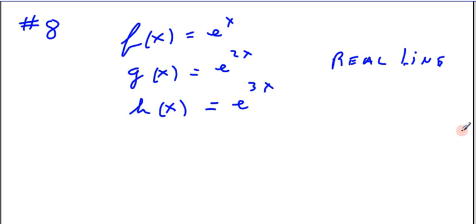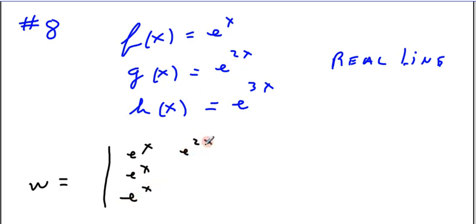Alright, so the Wronskian's equal to e to the x, e to the x, e to the x. Isn't that wonderful? E to the 2x, 2e to the 2x, 4e to the 2x, e to the 3x, 3e to the 3x, 9e to the 3x.